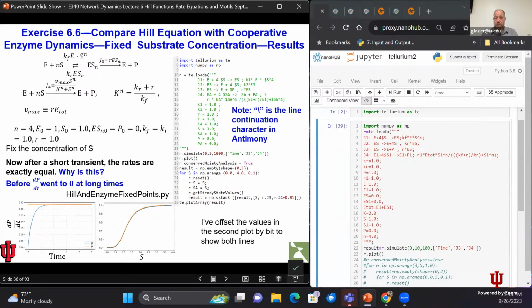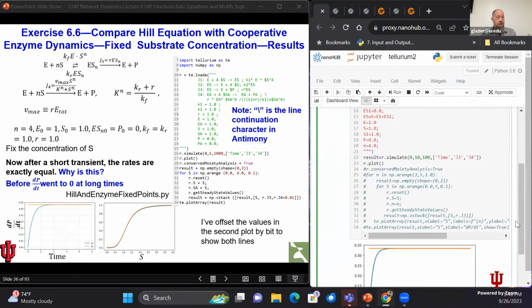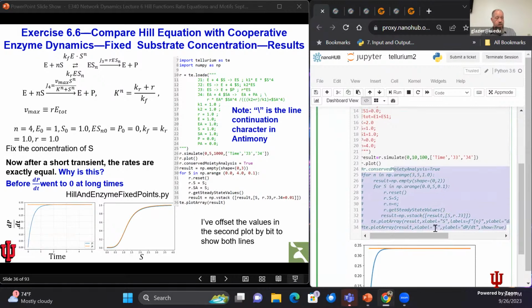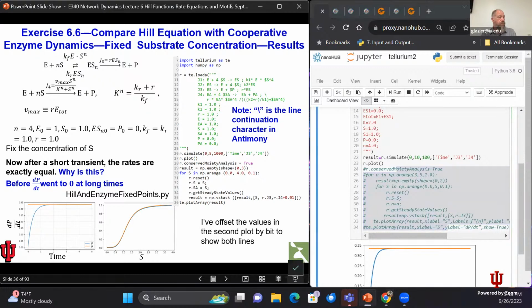Now I asked you, and since we're a little bit behind here, I'm not going to have you do it. You can rerun the conserved moiety analysis and everything else that we ran before for the two and compare the results. And what you would find is that the long time behavior is identical.